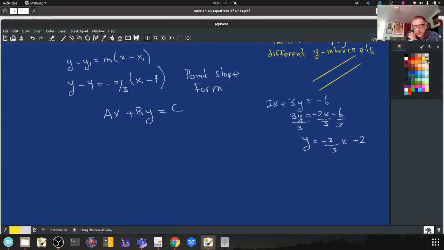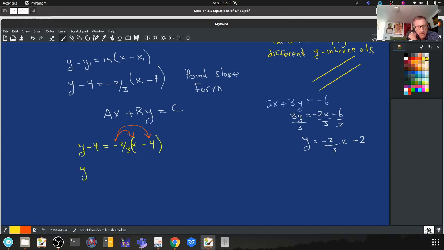So what we're going to do is come on down here, and I'm going to rewrite my equation. y minus 4 is equal to minus 2/3 times the quantity x minus 4. So I'm going to use distribution. Minus 2/3 times x, and minus 2/3 times minus 4.